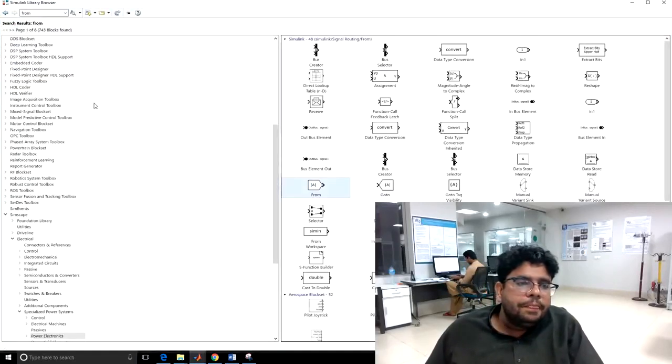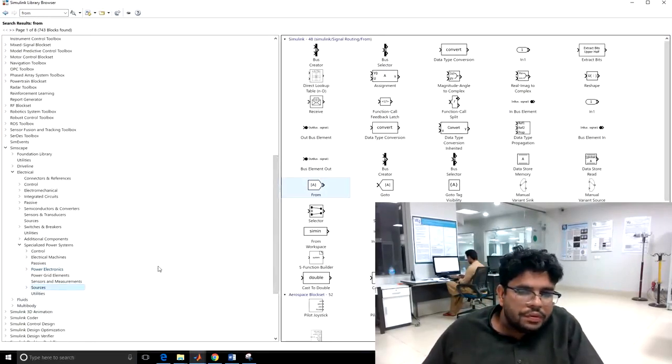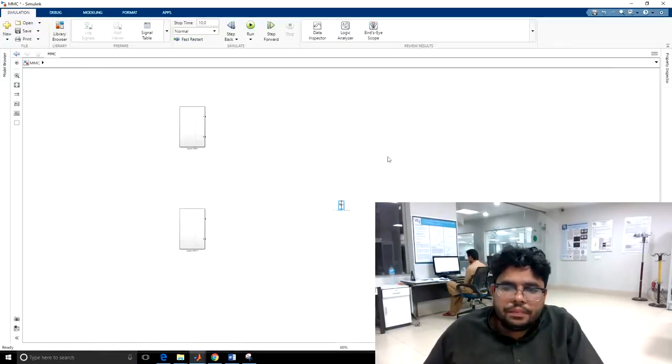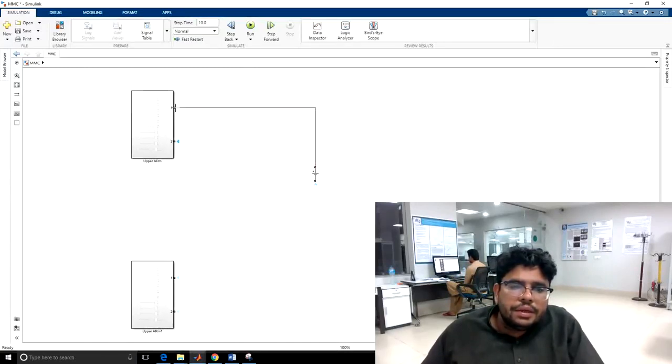Now we need a DC battery, DC source. So we pick up a DC source from here and let's connect it here. We also need another DC source.